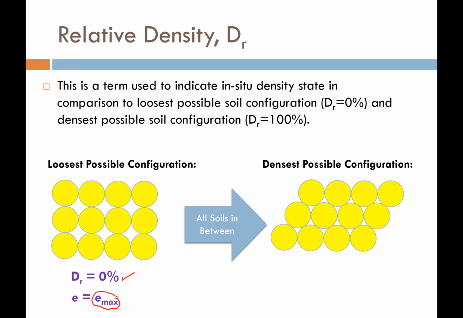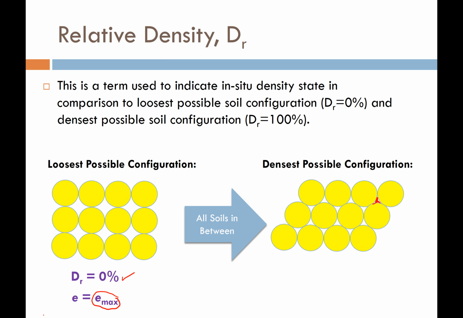Conversely, if I take my little sand and I say, let's make those balls as tight as we possibly can and still have the balls touching, if I make those sand particles as close as I can without breaking them, then you can see that here on the right, this is the densest possible configuration, meaning that the void space in between those particles is as small as it can possibly be.